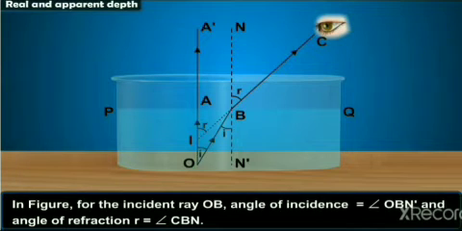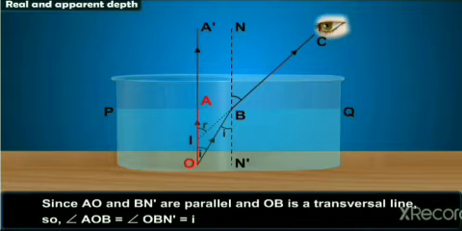In the figure, for the incident ray OB, angle of incidence i is equal to angle OBN', and angle of refraction r is equal to angle CBN. Since AO and BN' are parallel and OB is a transversal line, angle AOB is equal to angle OBN', which is equal to i.